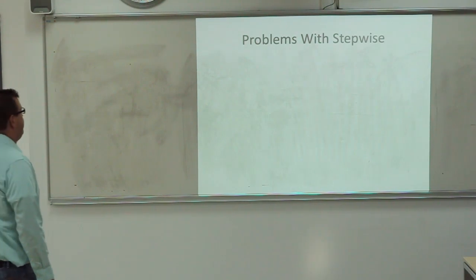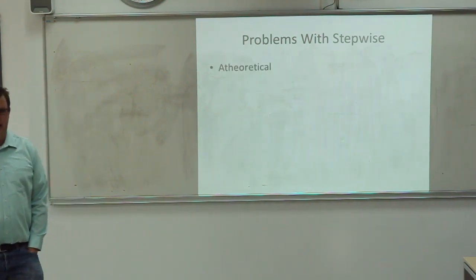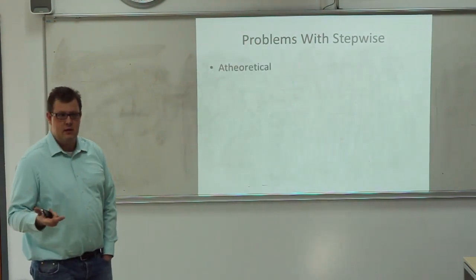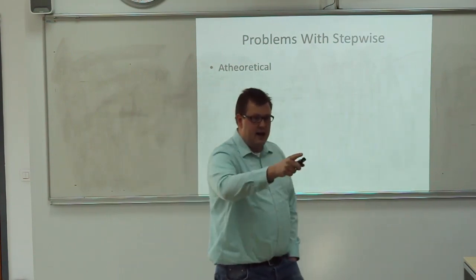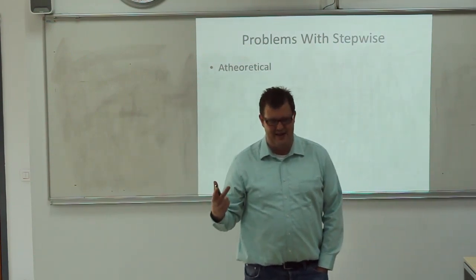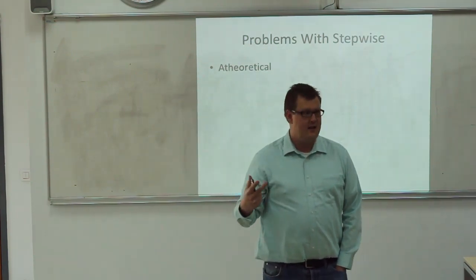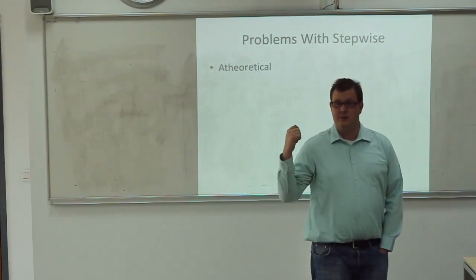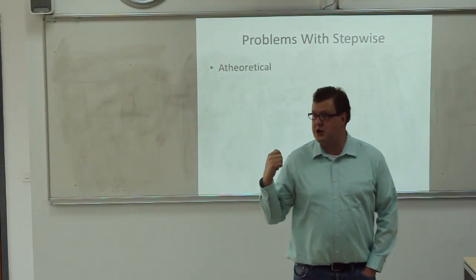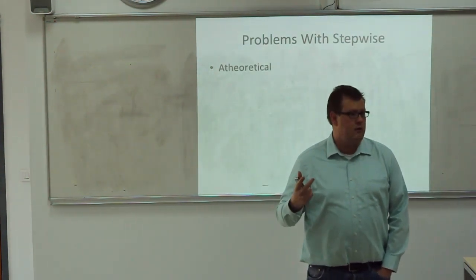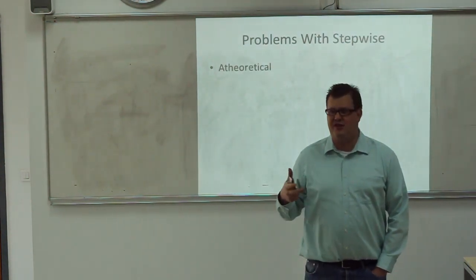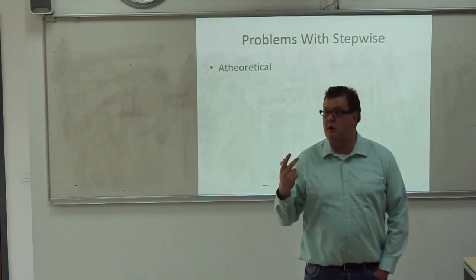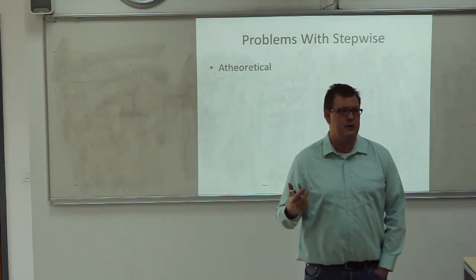Okay, some problems with stepwise. One, it's atheoretical. Atheoretical, what does that mean? It means that it's not theoretical. What does that mean? It could be practical. This is a more common situation in applied work, where maybe it's not the theory that's the most important, but your ability to predict correctly.